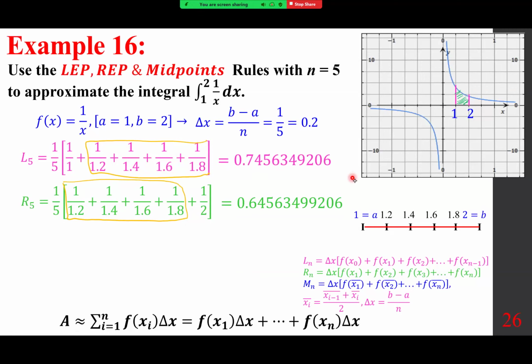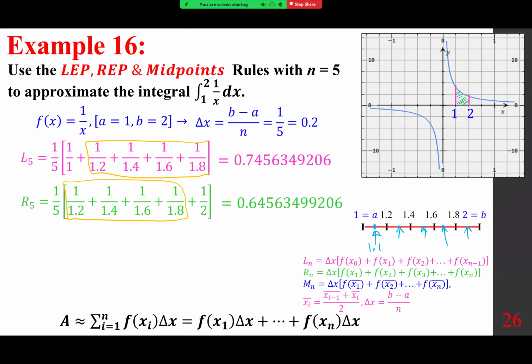What happens with the midpoints? For the midpoints, again, I don't want to memorize any of this formula. I'm going to find the midpoints as follows, everybody. Let's see. So here's the midpoint, the first one. Clearly, it's between 1 and 1.2, which makes it 1.1. The second, the third, the fourth, and the last midpoint.